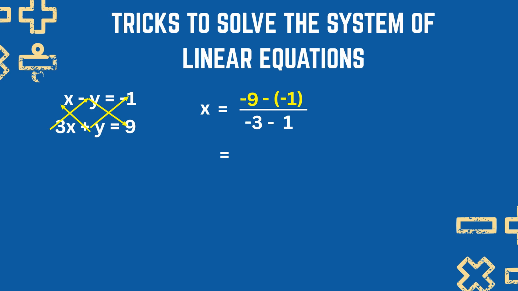So, we have negative 9 plus 1, the answer is equal to negative 8. Then, if we're going to combine negative 3 and negative 1, the result is equal to negative 4. Then, let's divide. So, negative 8 divided by negative 4, the value of our x is equal to positive 2.